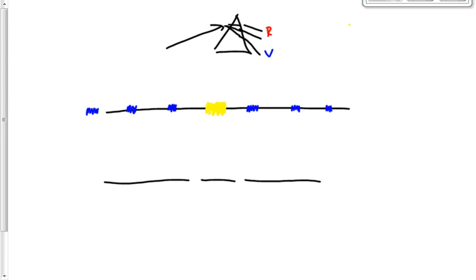But you're also going to see orange and yellow and green and indigo and red and so on. I'm not drawing all the colors here. I'm just drawing 3 of them. But there would be 7, right? Red, orange, yellow, green, blue, indigo, and violet.